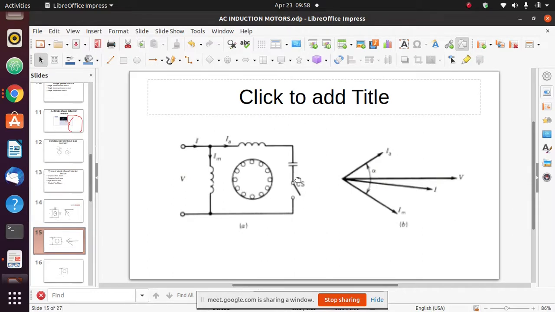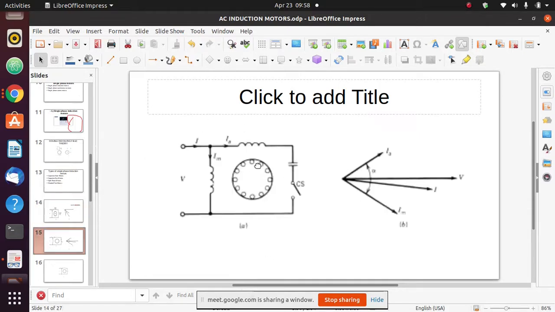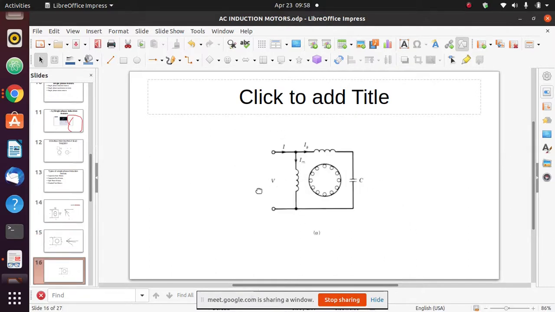Now this is for the split phase and the capacitor start single phase induction motors. But for the capacitor run induction motors, the capacitor connected in series with the auxiliary winding is not cut off from the circuit, so they run throughout.